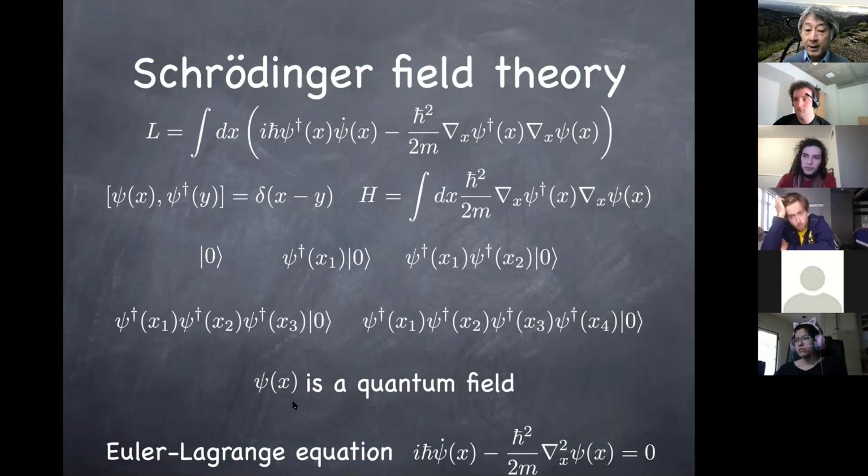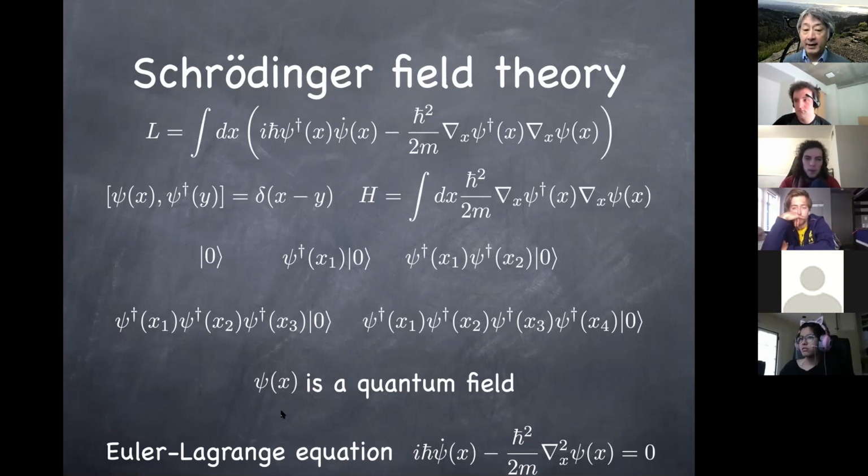In the same way, we can also talk about the eigenstate of this annihilation operator or quantum field psi of x. And that actually ends up describing a Bose-Einstein condensate of cold atoms, or a superfluid of helium-4, or a superconductor of Cooper pairs in a metal.